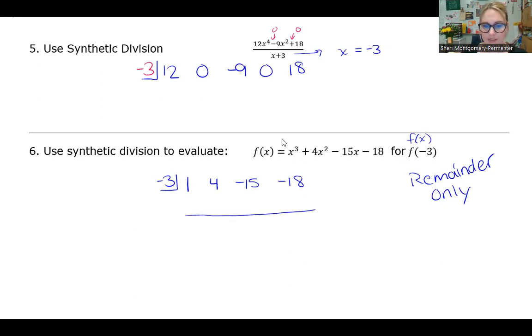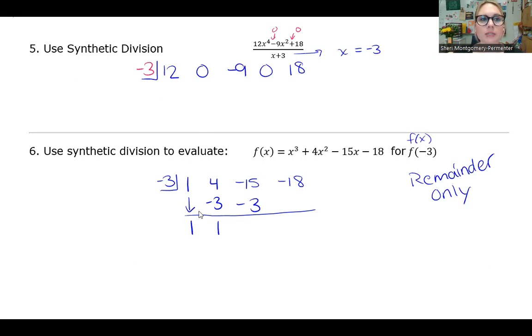So let's get some practice doing synthetic division. Our very first step, you drop it like it's hot. 1 times -3 is -3. 4 minus 3 is 1. 1 times -3 is -3.